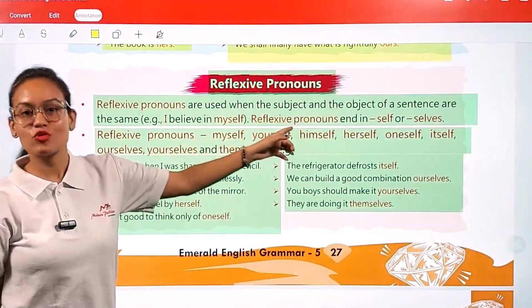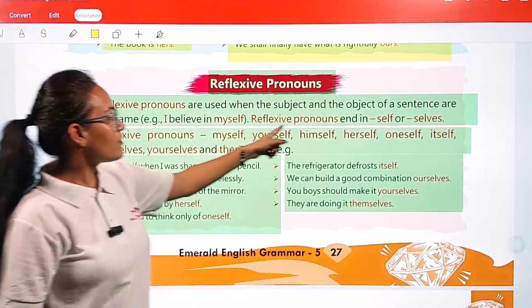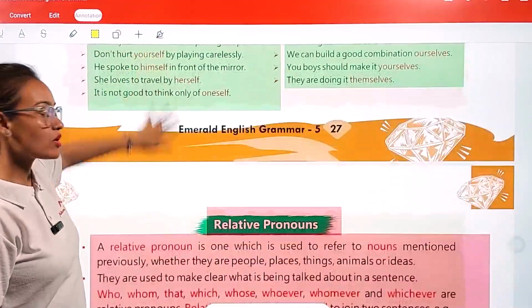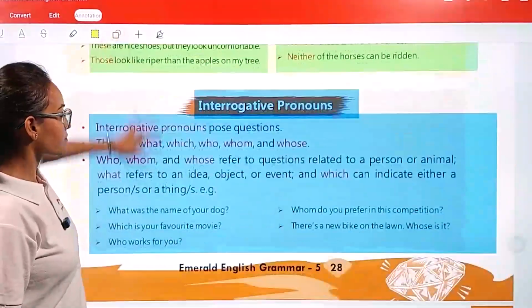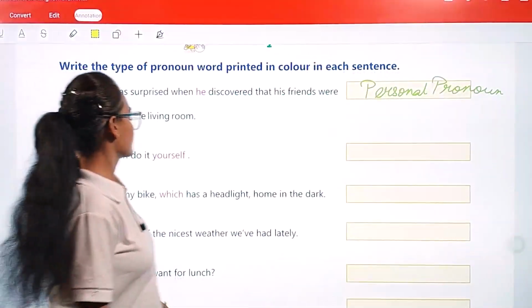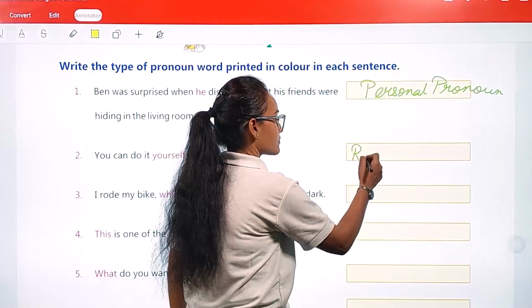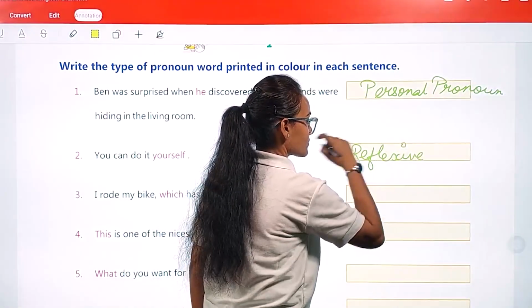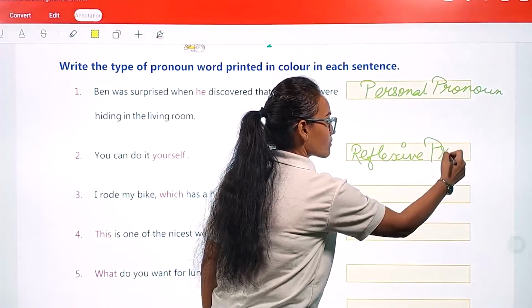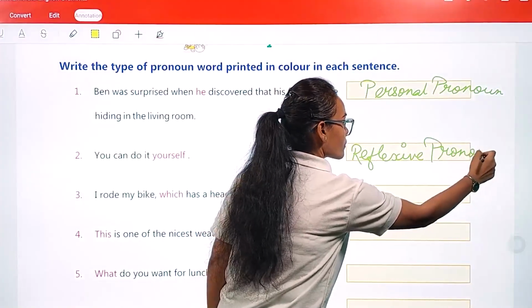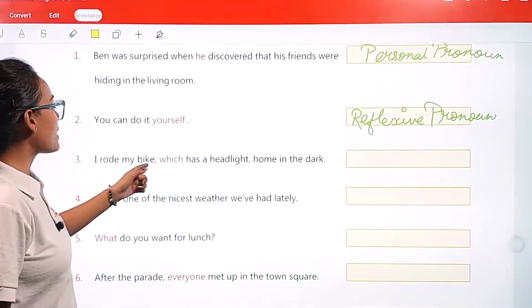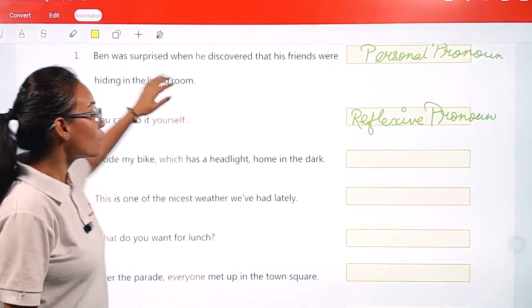It is reflexive pronoun. Okay, reflexive pronouns end in "self" or "selves". So it comes under the reflexive pronoun category. Reflexive pronoun.